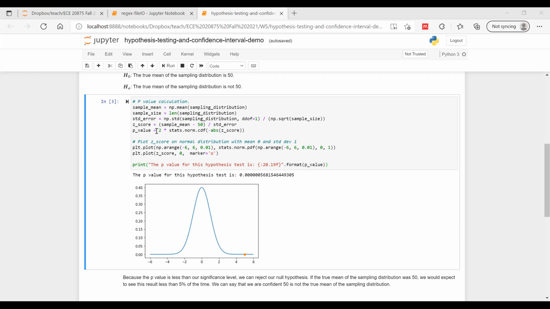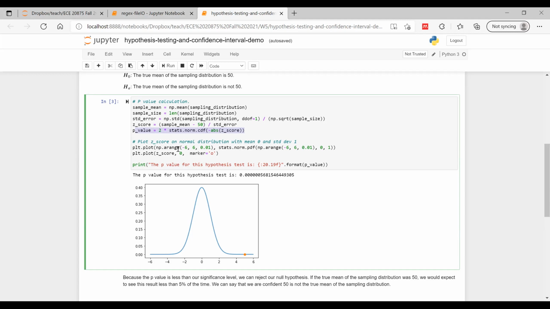Remember the z-score formula. Then we are ready to compute the p-value. I think we have seen this exact statement once in the lecture. We do the negative abs. Recall why we do the negative abs: because we have two symmetric sides, we go to the negative side and compute the CDF of that. Then because you have two symmetric regions, you use 2 times that, and you get the p-value.